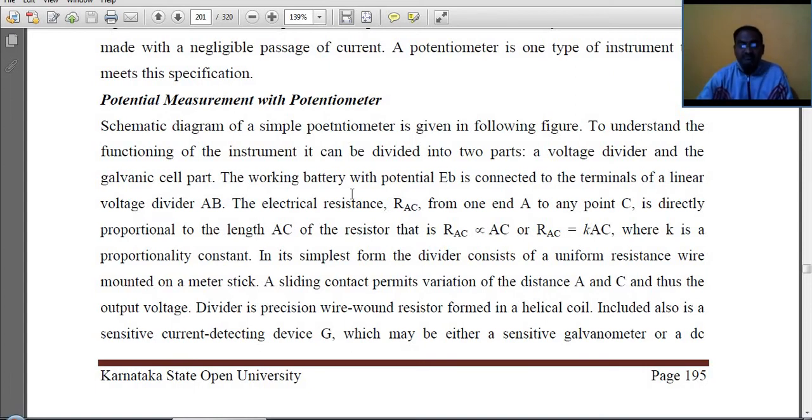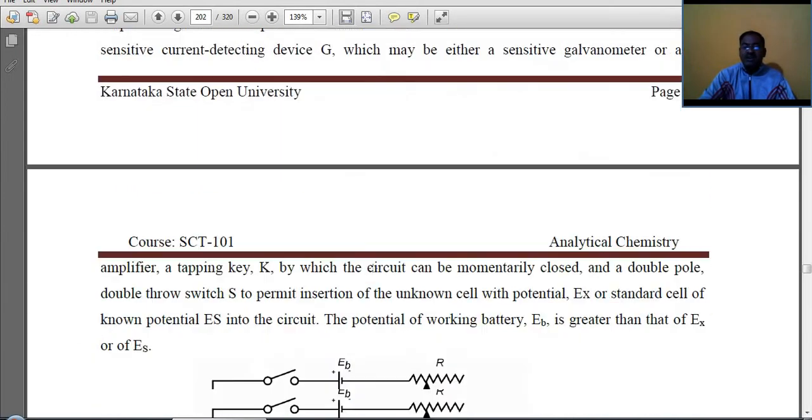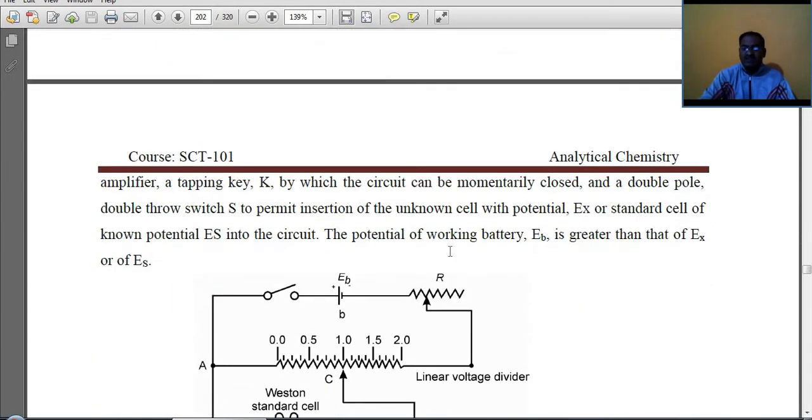The electrical resistance RAC from one end A to any point C is directly proportional to the length AC of the resistor. That is, RAC is directly proportional to AC, where K is the proportionality constant. Here G is the sensitive galvanometer. All are placed in series.